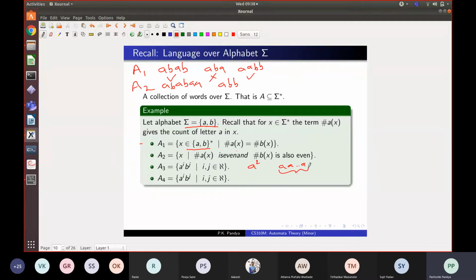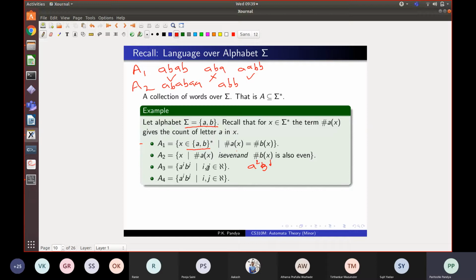So what we are saying is all words of the form I occurrences of A followed by J occurrences of B. I hope you are able to distinguish I and J. The lettering is a bit small, but it is I occurrences of A followed by J occurrences of B. So it's a sequence of A's followed by a sequence of B's. What is the condition on these counts I and J?